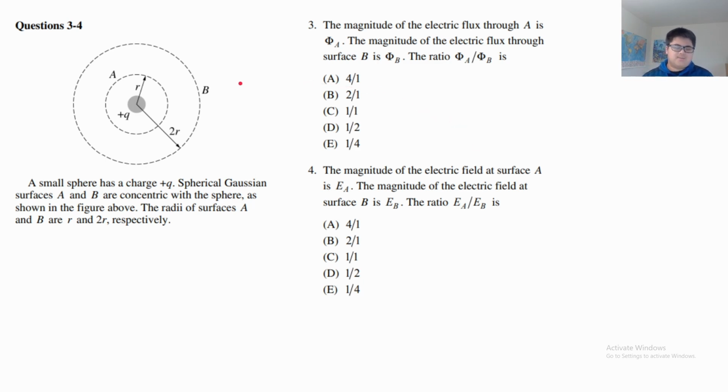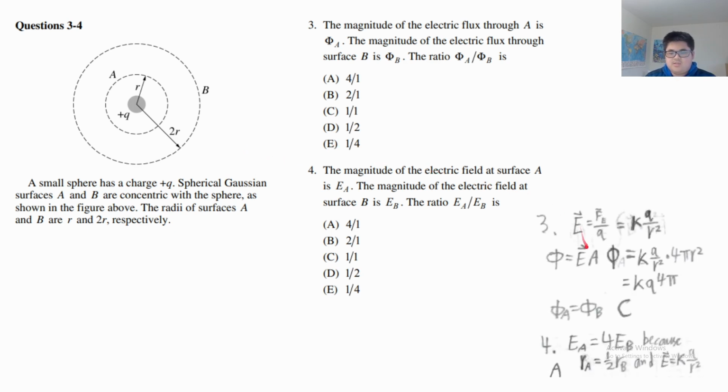In the context of this problem, there's a sphere and the electric field is going through the sphere. So the electric flux is just the electric field times the surface area of the sphere.